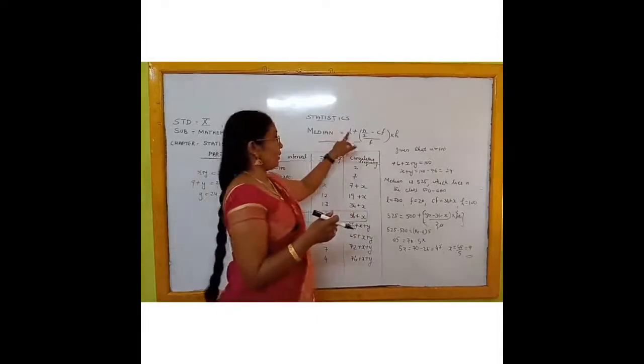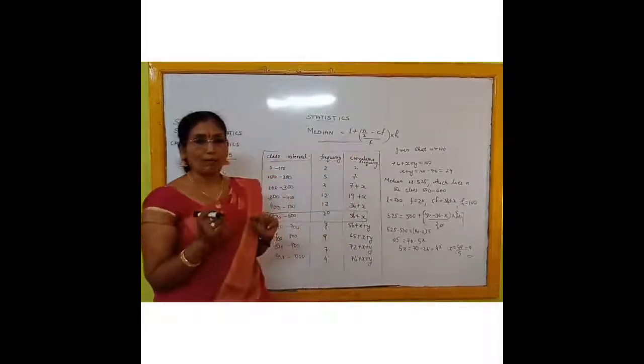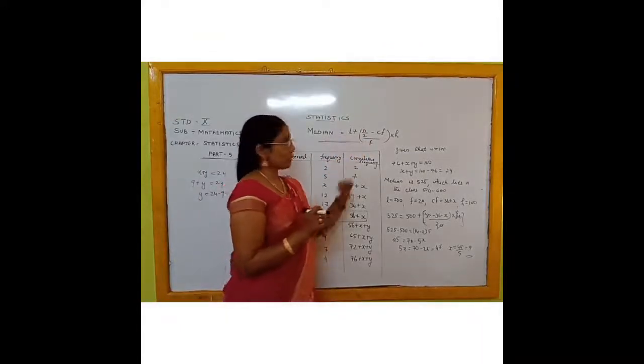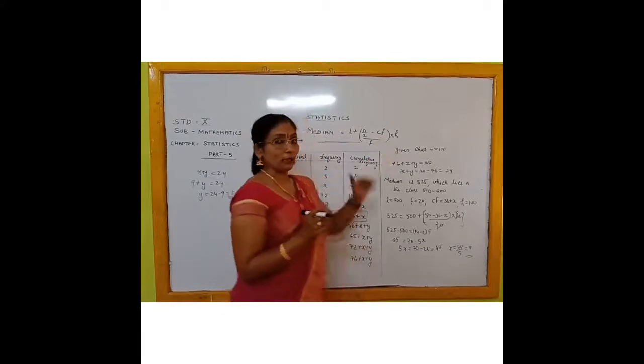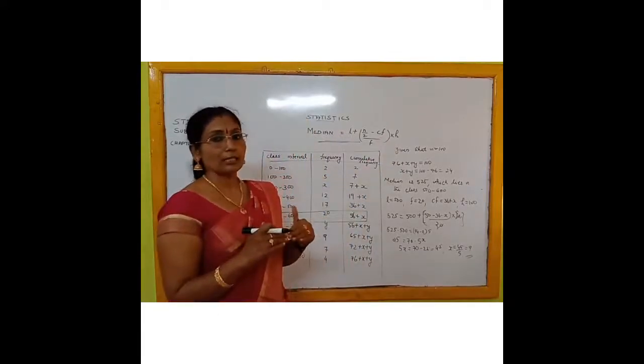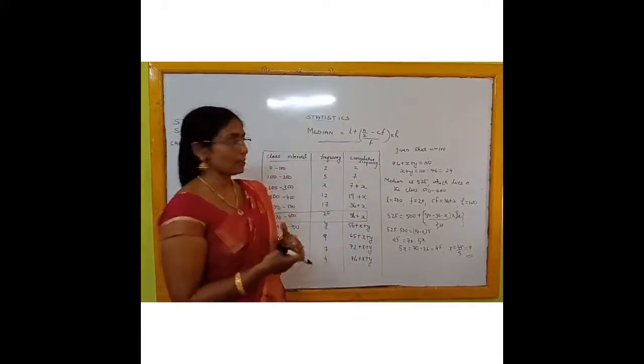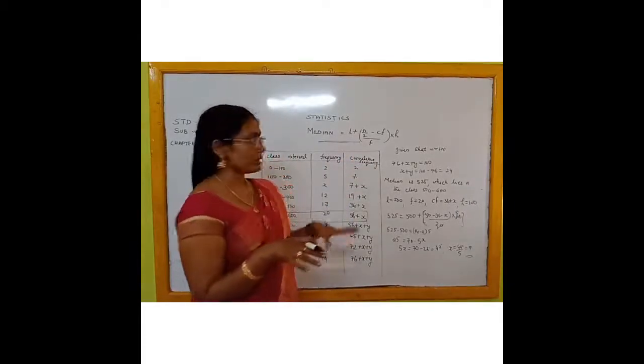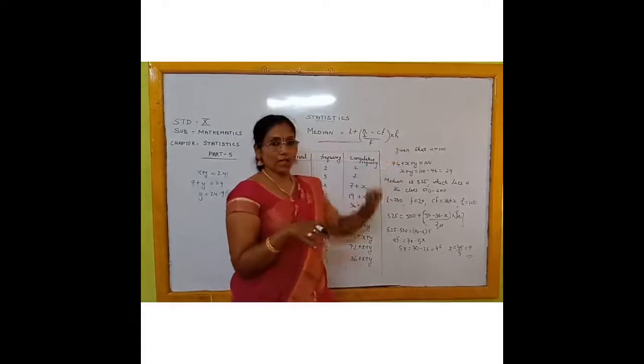In this formula, L means the lower limit of the median class, N means the total number of observations, CF means the cumulative frequency of the class preceding the median class, F means the frequency of the median class, and H is the class size.